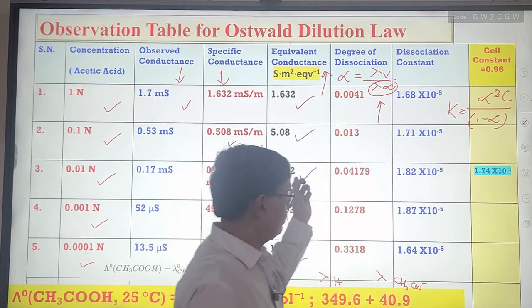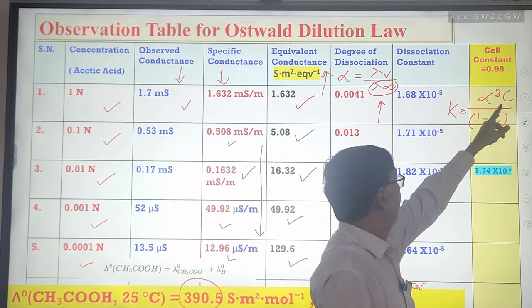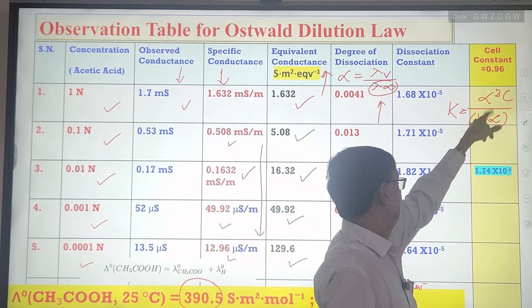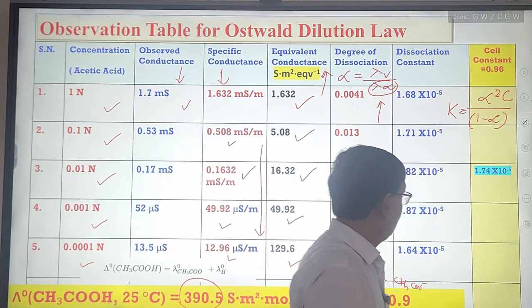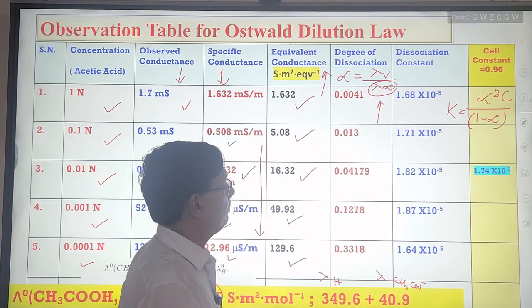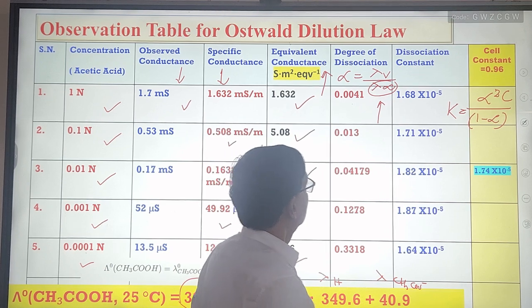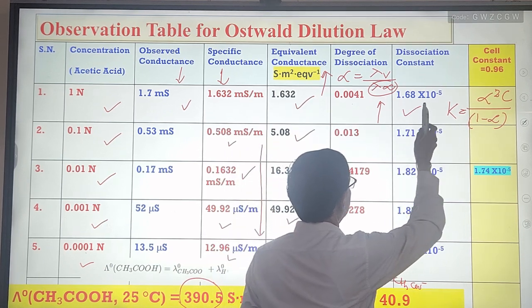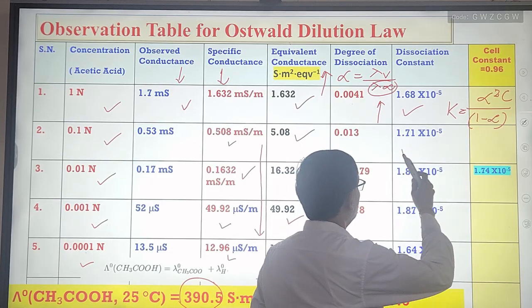As I told you in my first theoretical part, there is a relationship for K, and if you solve this we will get the K values. If the K value is constant, then we can say our result is correct. I am very happy that when I calculated, the first case is 1.68 into 10 to the power minus 5. The second case is 1.71.